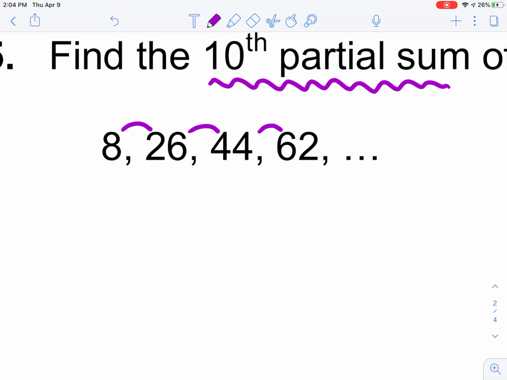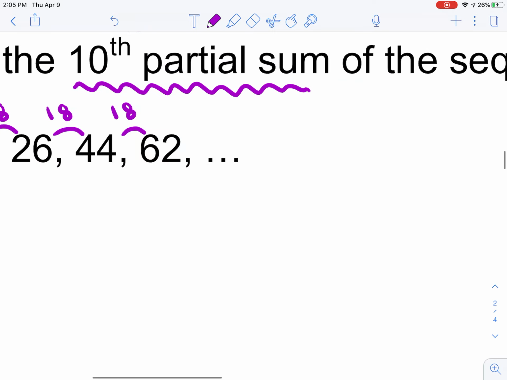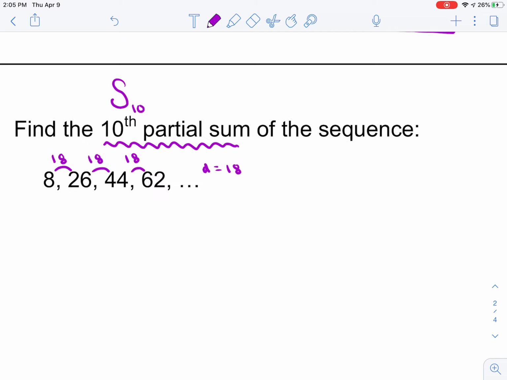To go from 8 to 26, or from 26 to 44, or 44 to 62, we have to add the same number, and I'm thinking it's 18. We can check that for each of these, you're adding 18 to get to the next term. Remember, this common difference of 18 means this is arithmetic.